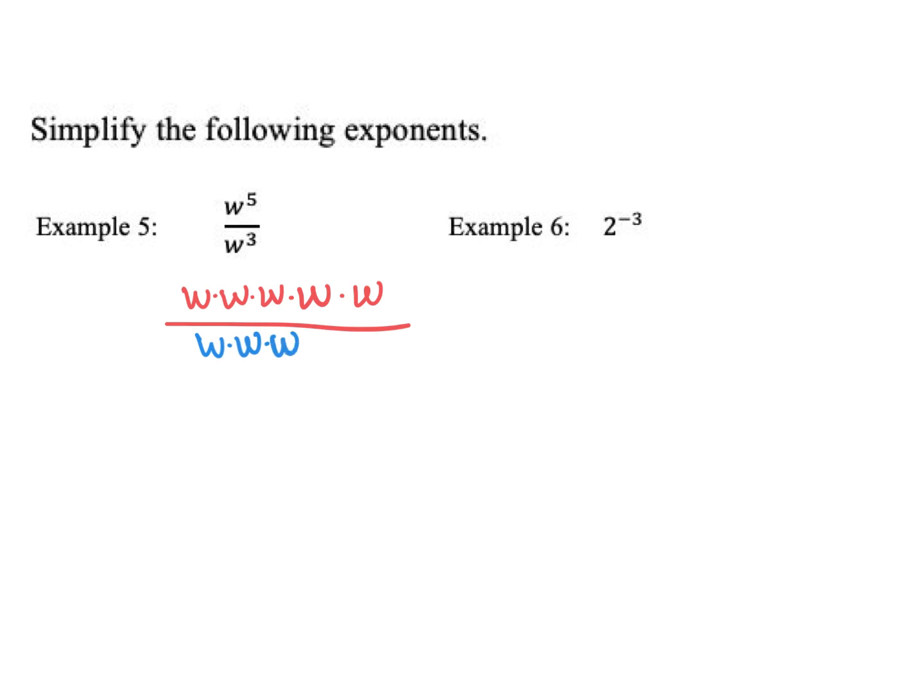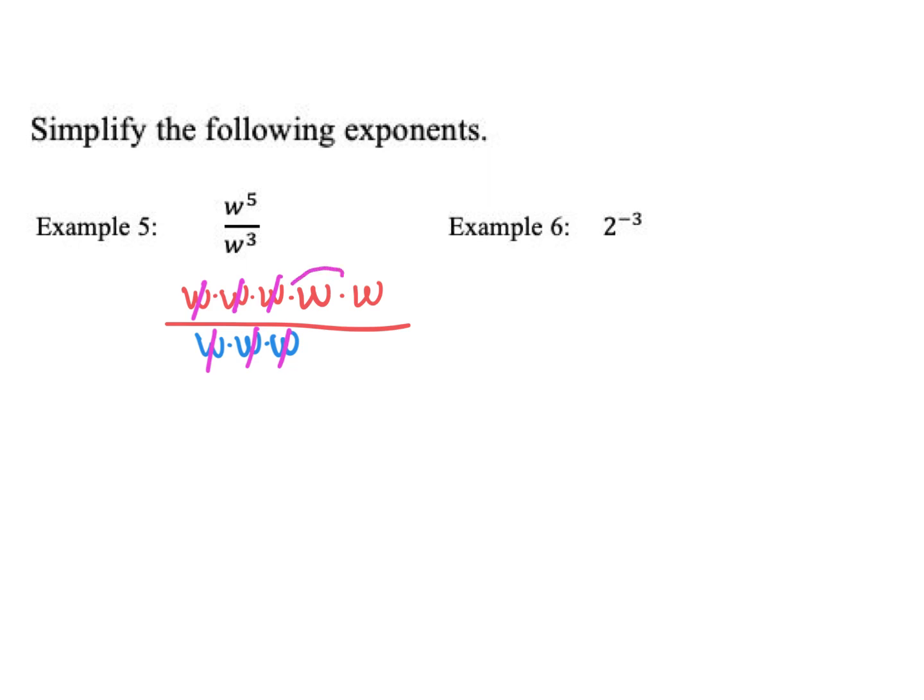Now remember, when we're doing division, we can cross out things on the top and the bottom that are exactly the same. Because 2 divided by 2 is 1, technically it makes a 1. But if we have exactly the same on the top and the bottom, we can cross it out. So cross out W and W, W and W, and then one more, W and W. There are no more W's on the bottom that we can cross out.